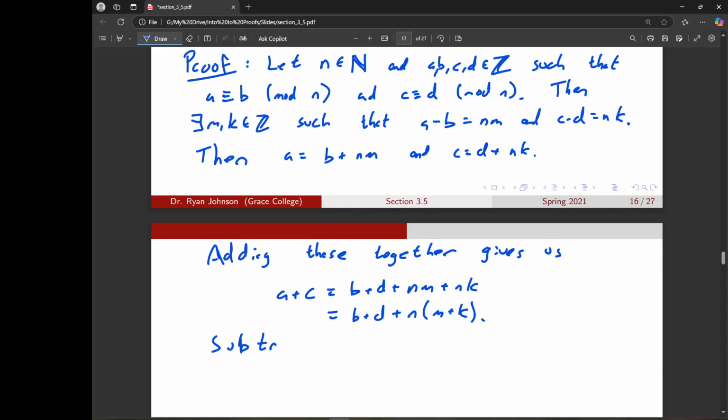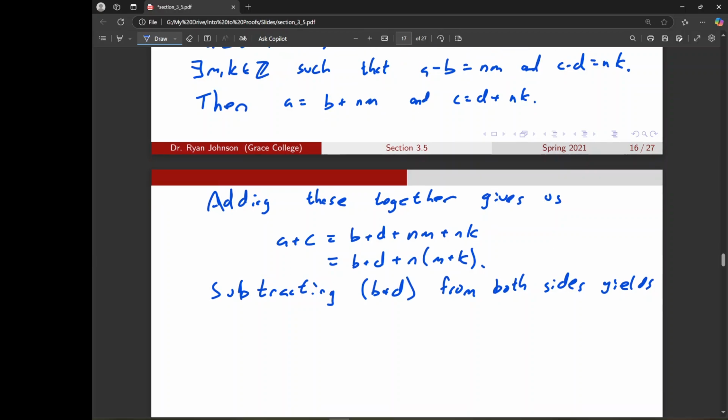Subtracting, so again, keeping the reader informed, subtracting b plus d from both sides yields a plus c minus b plus d equals n times m plus k.